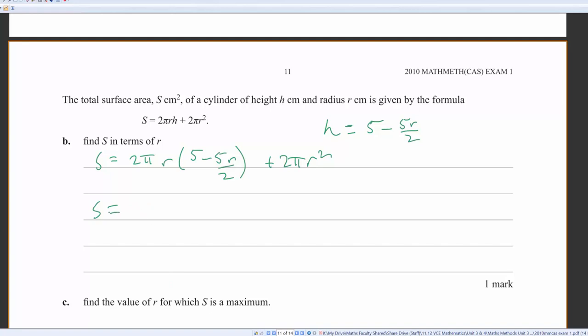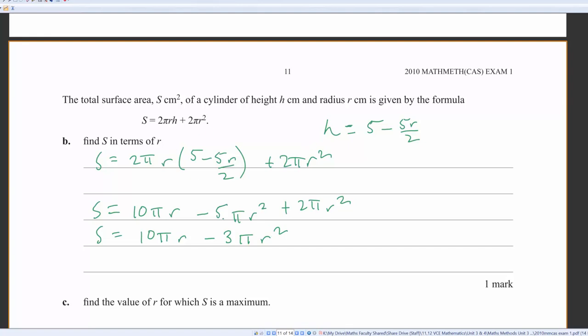So S equals, so 2 pi r multiplied by 5 is 10 pi r. Take away, these twos cancel each other out, and we've got 5 pi r squared plus this 2 pi r squared. S equals 10 pi r, take away 3 pi r squared.